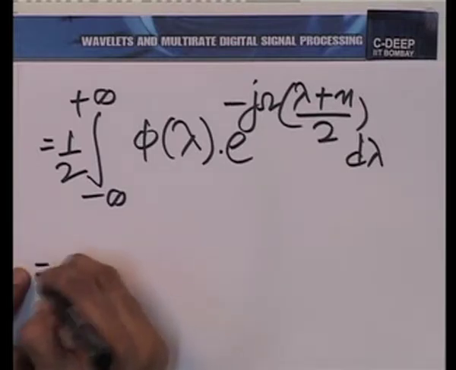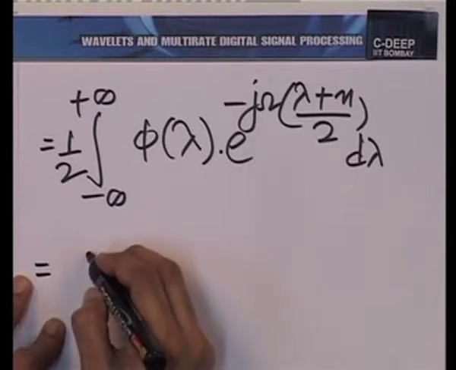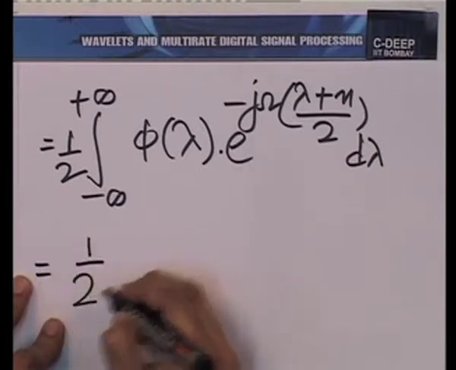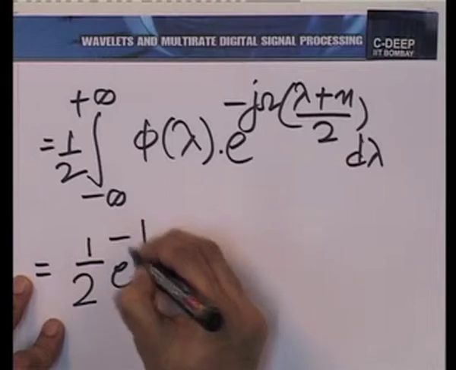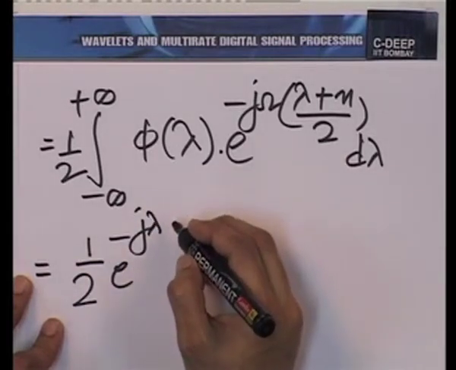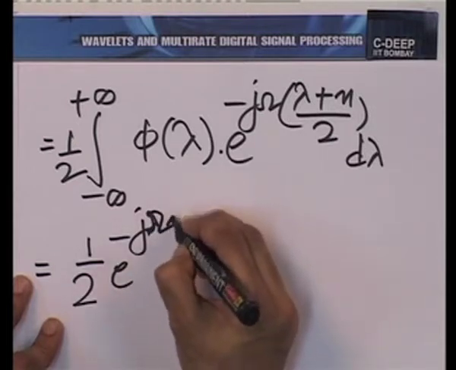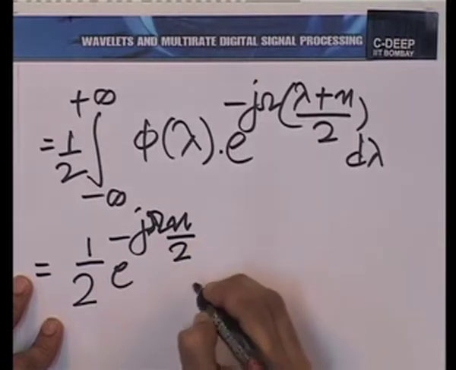And we can do a little more work on this. So, we keep the terms dependent on lambda inside, and we have e raised to the power minus j capital omega n by 2 emerging outside.